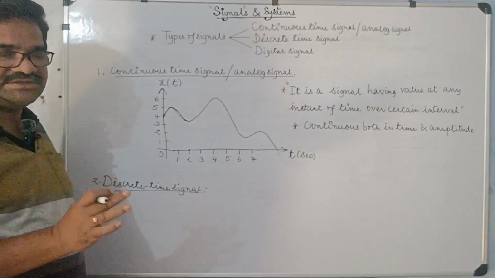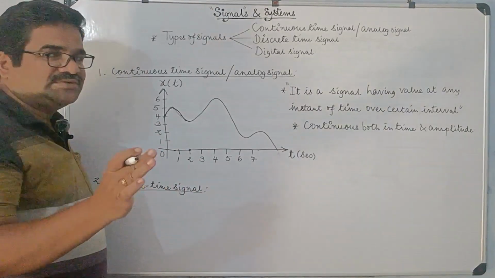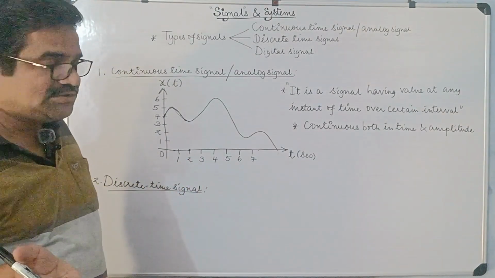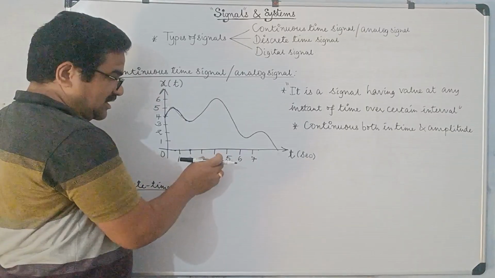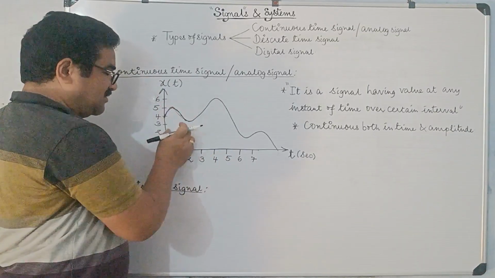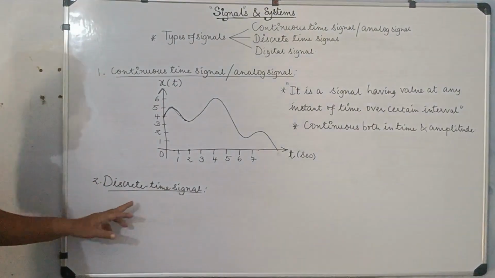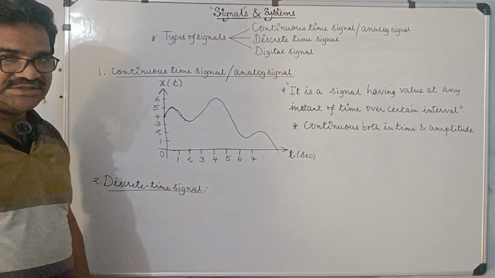I am not considering the signal, or I am not taking the amplitude of the signal. Between 1 and 2, I don't have any signal. Between 2 and 3, I am not taking the signal value. So I am taking the amplitude of the signal only at discrete instances of time. So that is why you call it a discrete time signal. So I am making the time discrete.